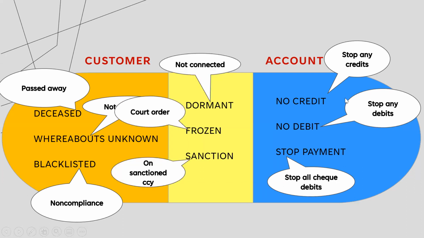The third set is the common set: dormant, frozen, and sanction. Dormant, first at the account level, has a meaning. Why are we referring to it as dormant? It means the customer has not done any transaction, any financial or non-financial activity.